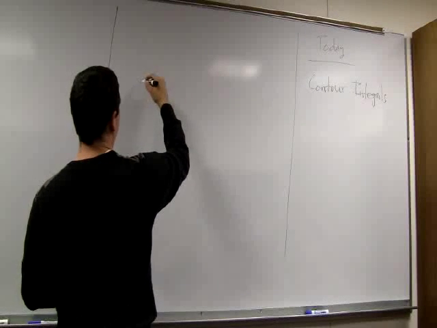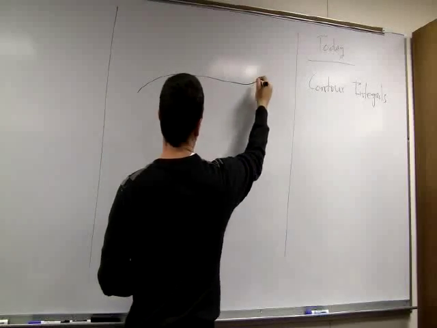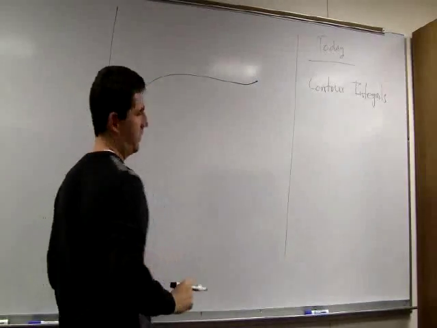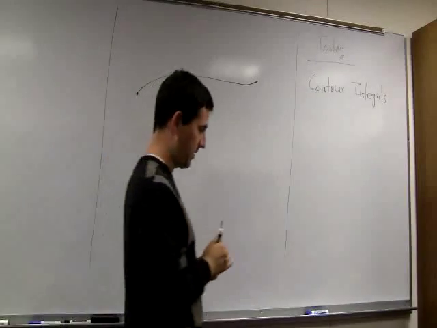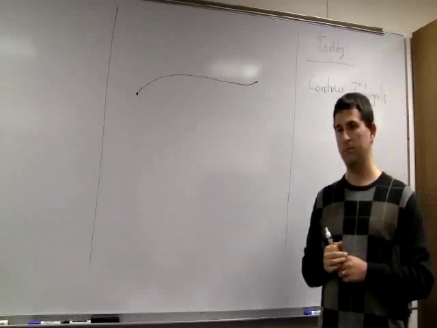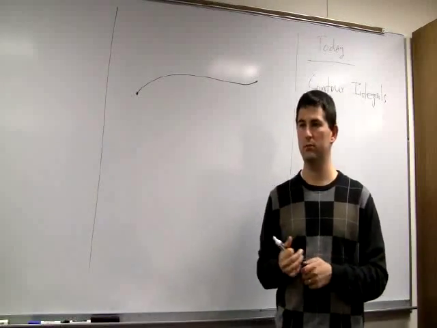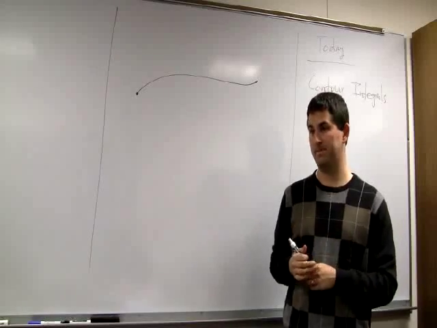So the idea is, if you have, let's say, a simple smooth curve. Remember, simple meant that it's not going to intersect itself. Smooth, right? It's got a continuous derivative, and it doesn't stop.